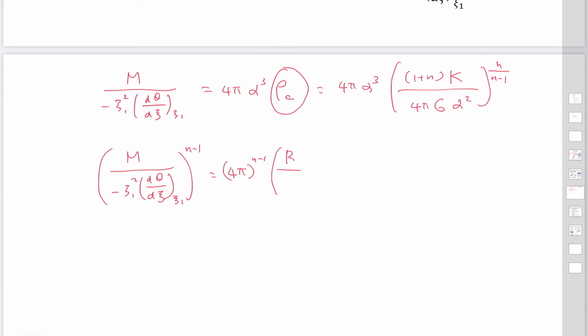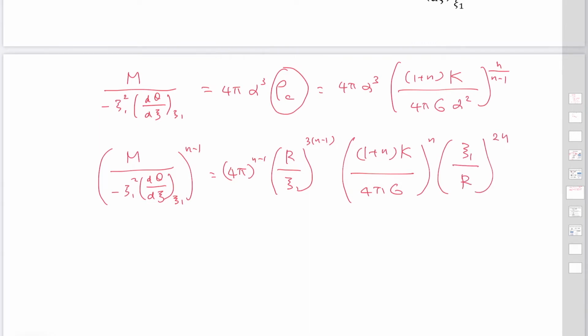So you can change the alpha. It's r over g sub 1 cubed n minus 1, 1 plus nk over 4 pi G n, and alpha changing g sub 1 over r 2n.